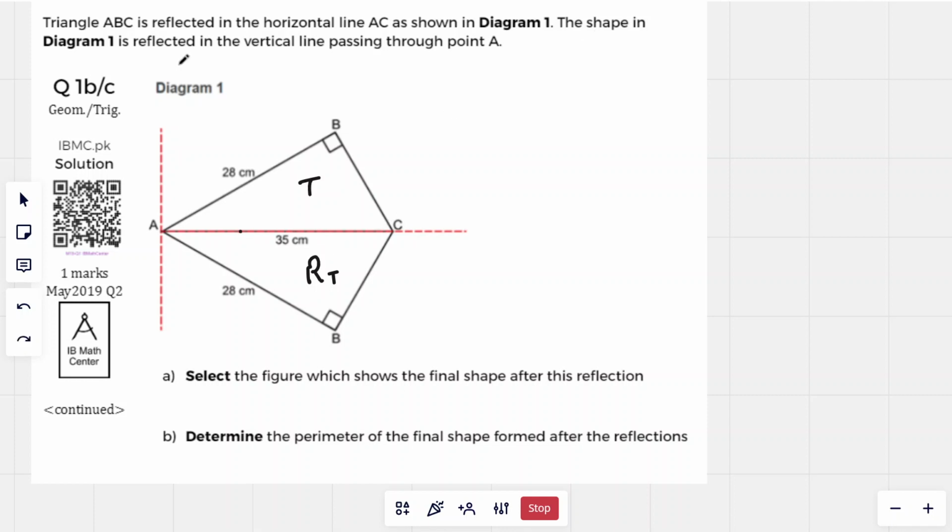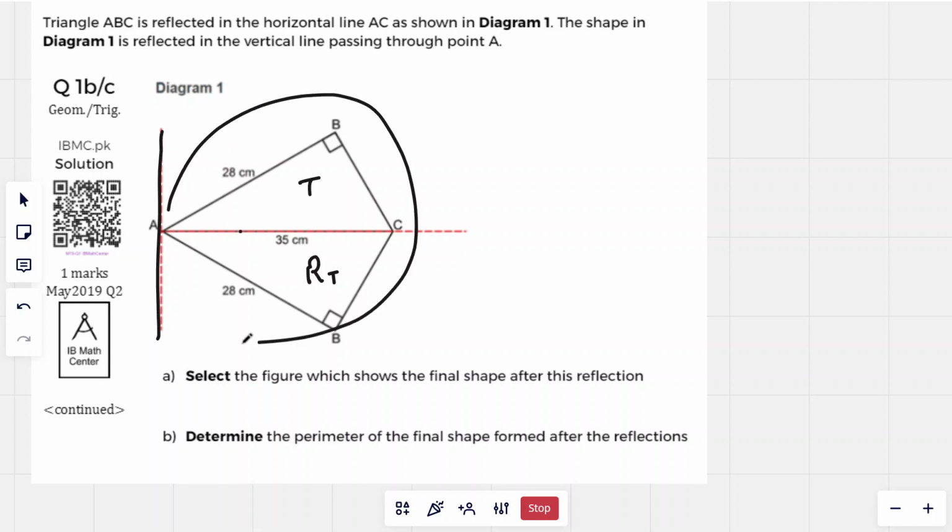The shape in diagram 1 is then reflected in the vertical line passing through point A. Just imagine this to be the y-axis. So this entire shape now is reflected along this vertical line. The first question is that we have to select the figure which shows the final shape after the reflection along the y-axis, or along the vertical line.